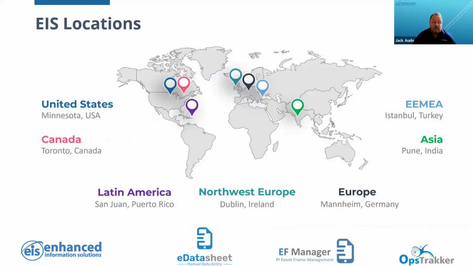We're a global company, based out of Stillwater, Minnesota, but we have offices in Toronto, Canada, San Juan, Puerto Rico, Dublin, Ireland, Mannheim, Germany, Istanbul, Turkey, and Pune, India. And we do services globally. These are our brick and mortar offices.